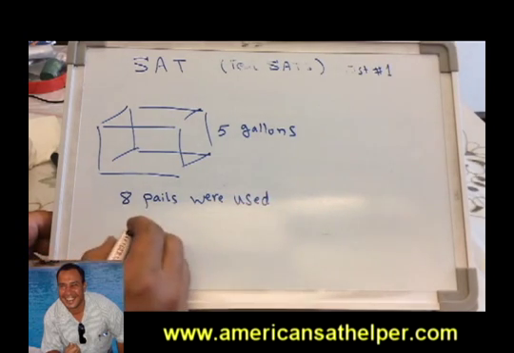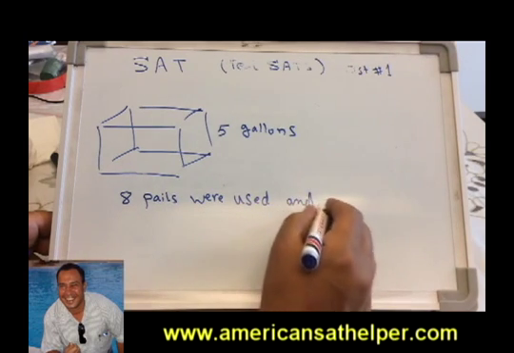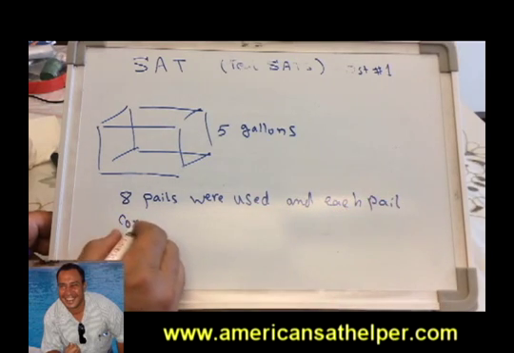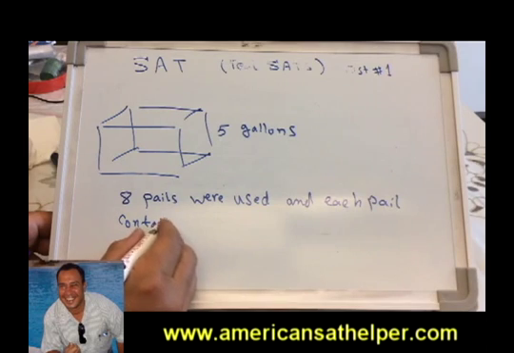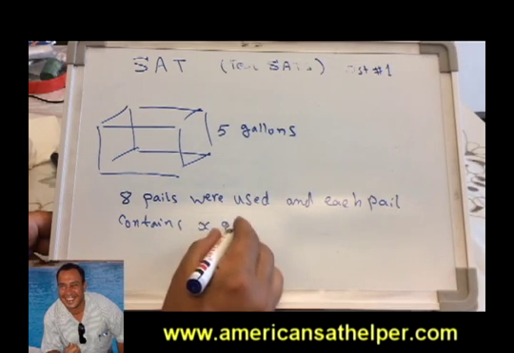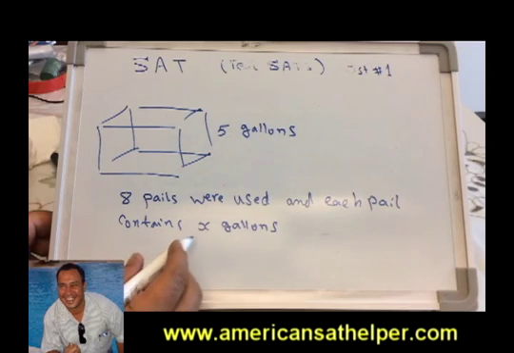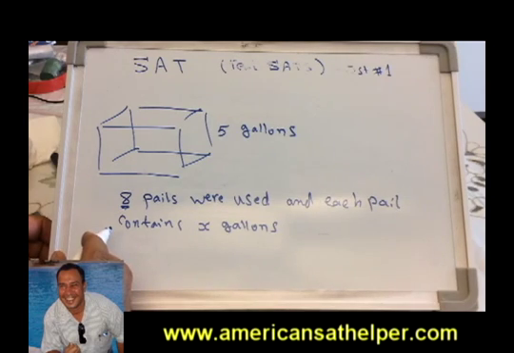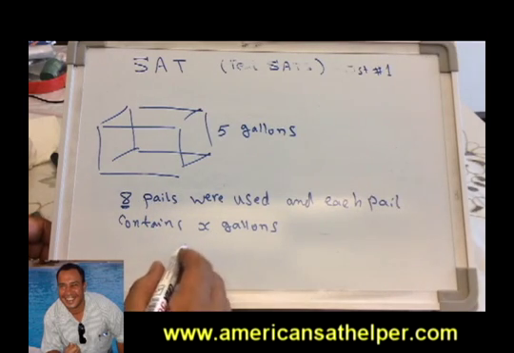and each pail contains X gallons. If one pail contains X gallons and we used 8 pails, how many gallons were used? You can say that 8x.